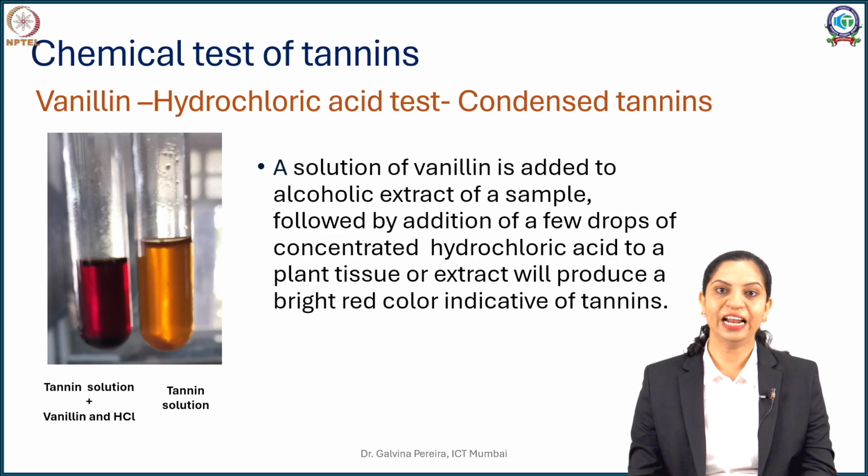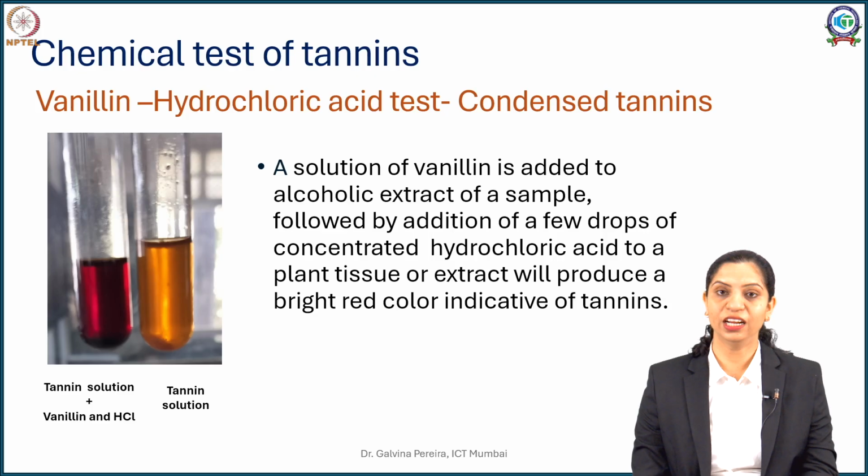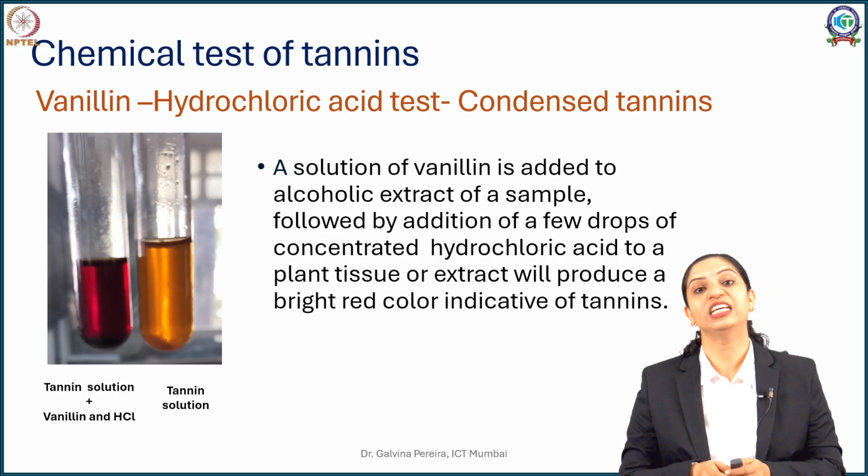Now this vanillin adduct is again not selective. So even if you have a plain flavan-3-ol derivative like an isolated catechin molecule in monomeric form, still it will give you a red color complex. So the vanillin hydrochloric acid test is used to check flavan-3-ol derivatives, which give you red color complexes.